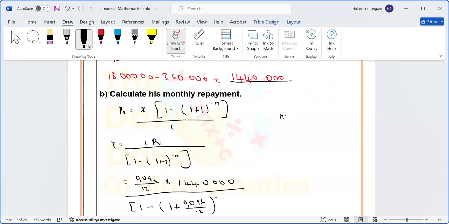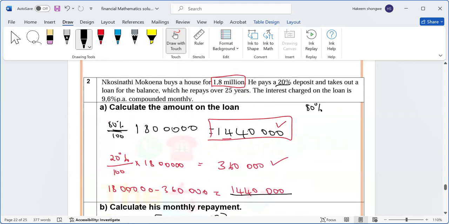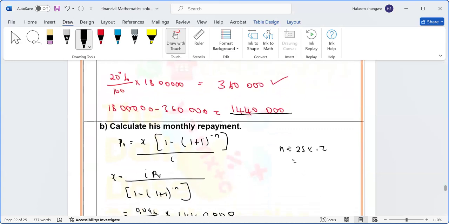They said we're doing it for 25 years, so it's 25 multiplied by 12, which is 300.